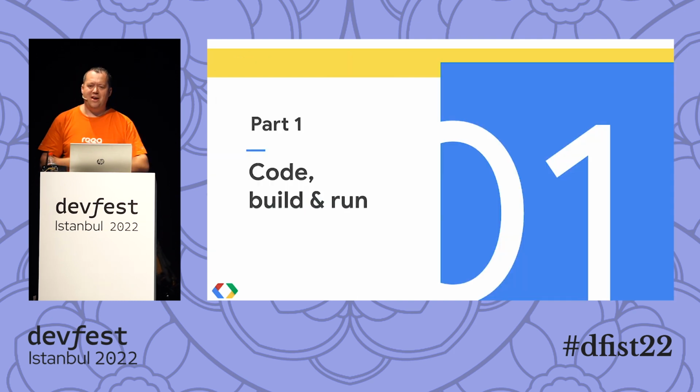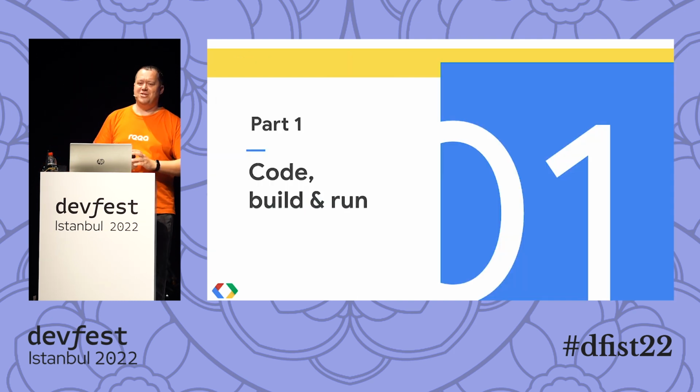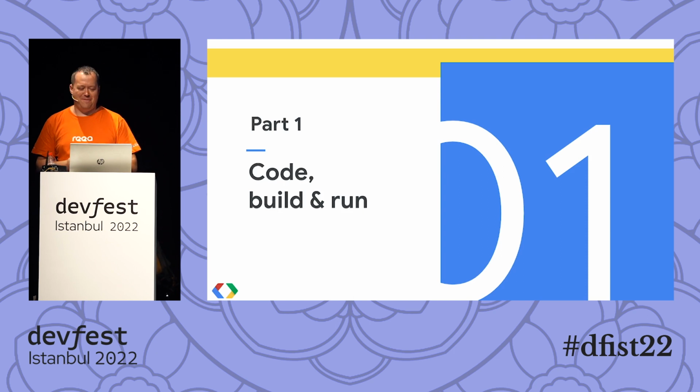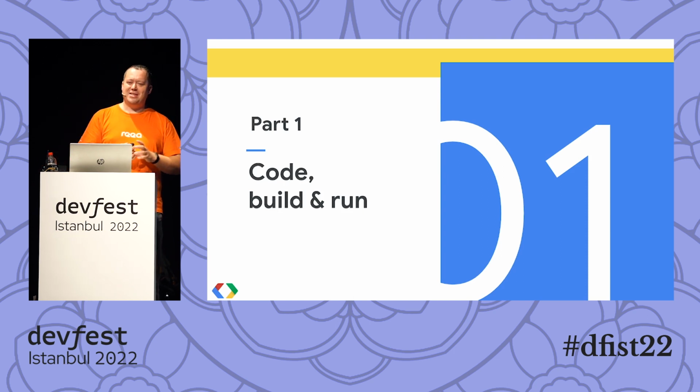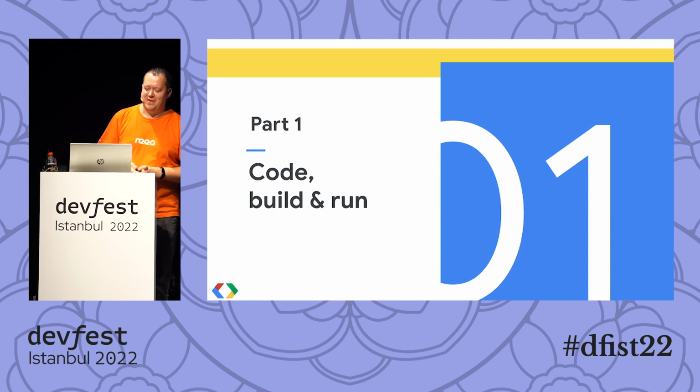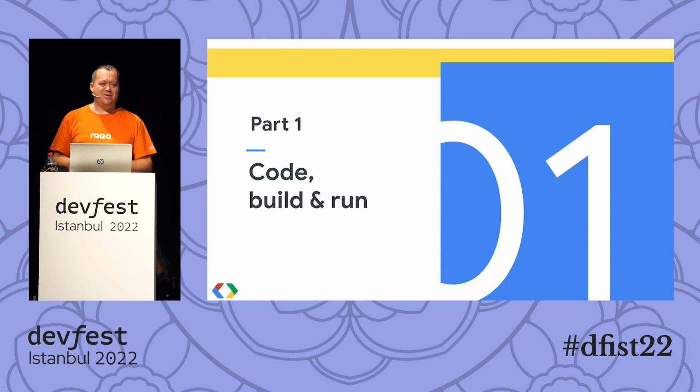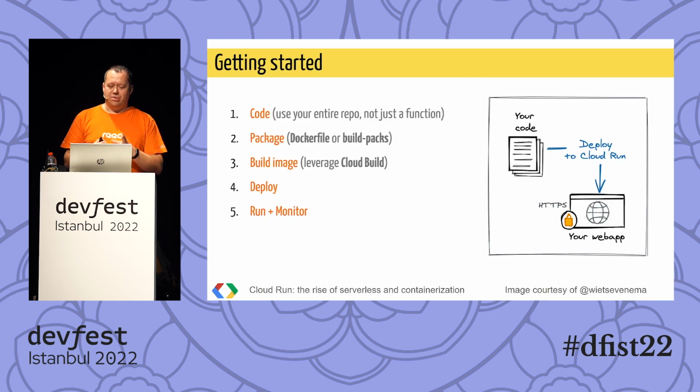Good. Let's go deep dive, because that was just the starting point of getting to know Cloud Run and the product as well. Essentially, we are developers, so let's see how to code, build, and run. What does it mean to code? You use your entire Git repo, not just a function. For that, you need to package it in a Dockerfile or use the buildpacks technique.